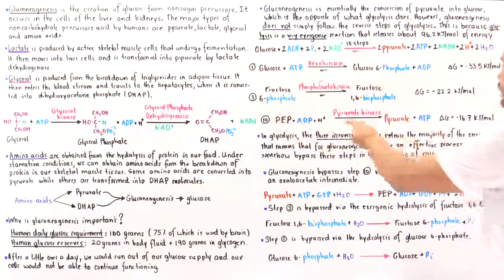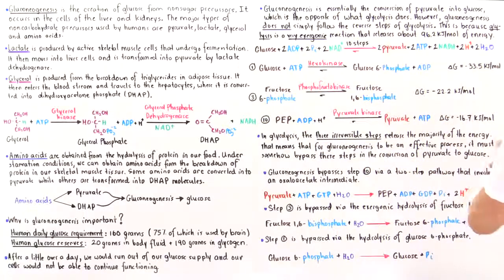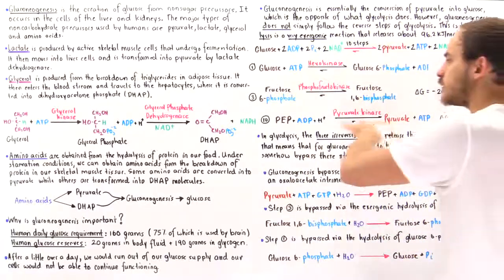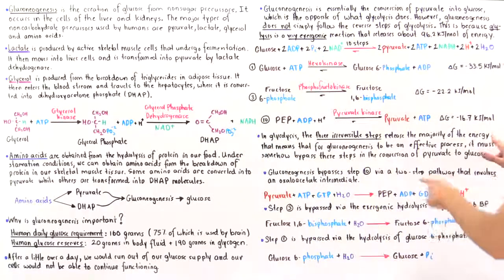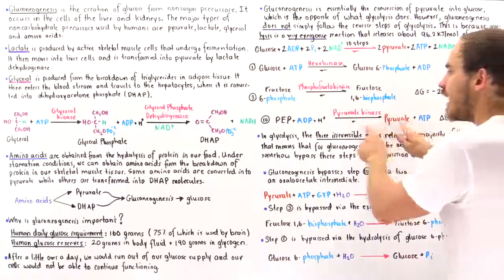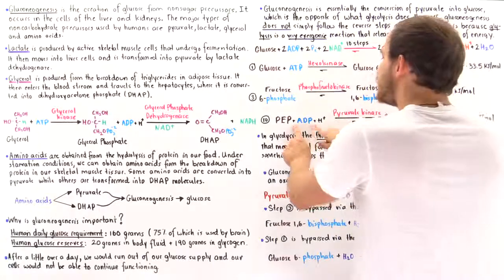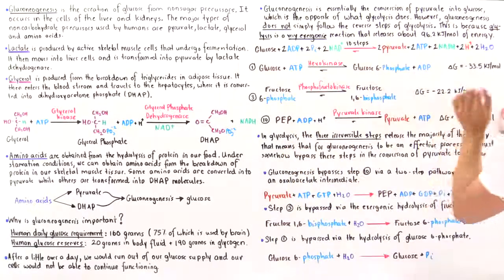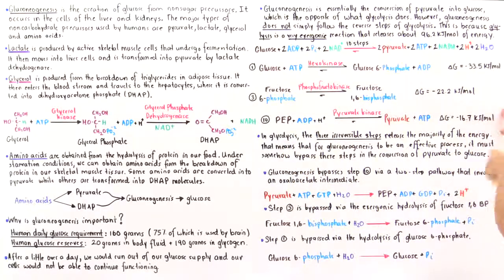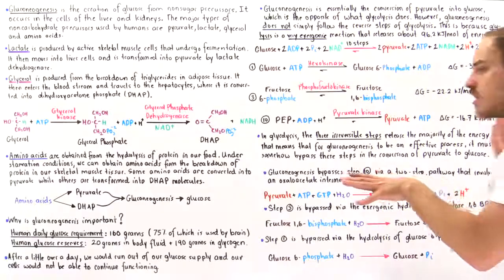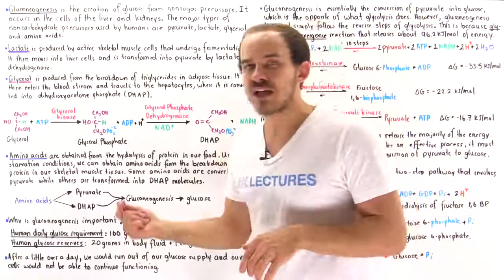So let's begin with step number 10. In step number 10, if gluconeogenesis simply followed the reverse of step 10 in glycolysis, we would transform pyruvate into PEP. In the process, we'd use ATP to form ADP and H. And this would require 16.7 kilojoules per mole of energy. But what happens in gluconeogenesis is a completely different reaction pathway is activated.